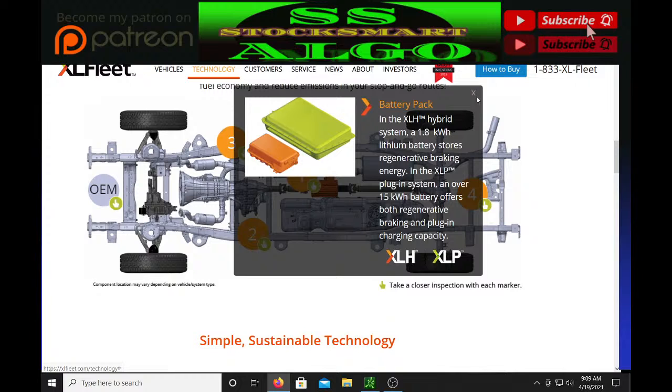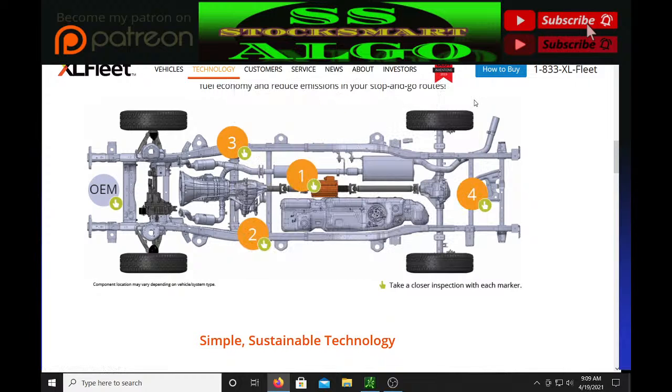And see the regenerative braking. I made a video on that talking about XL Fleet, how they could reuse the power from the wheels and put it back into the batteries or the motor or whatever. Based on how these wheels spin around, a magnet would generate energy, and it could be saved, harnessed and reused.